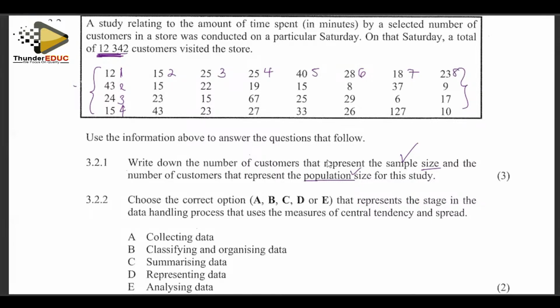So here we shall say the sample size is 8 by 4, which is what? 32. I've just counted these ones here. So multiply that and this. 32. And the population is 12,342. So those were the answers.